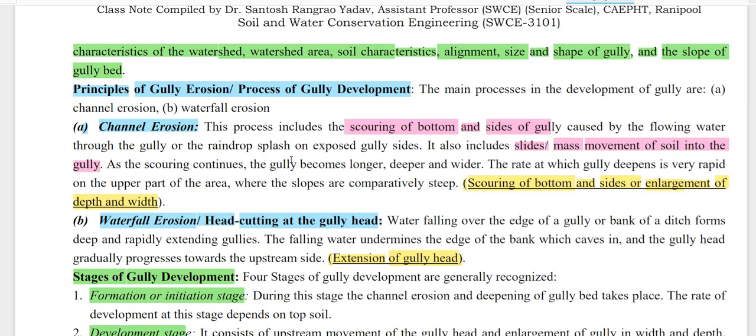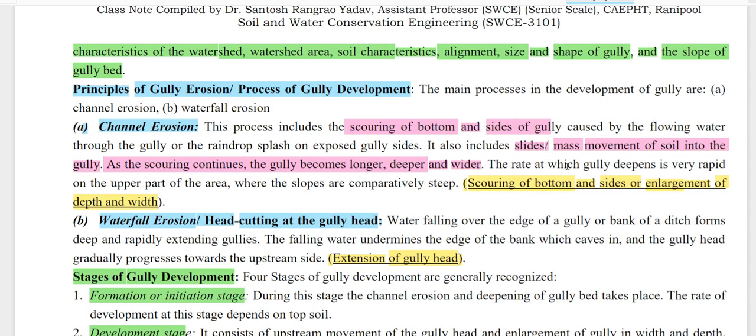As scouring continues, the gully becomes longer, deeper, and wider. So the length will also increase, along with depth and width.